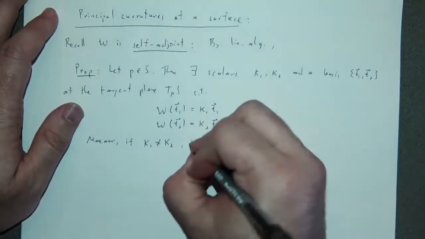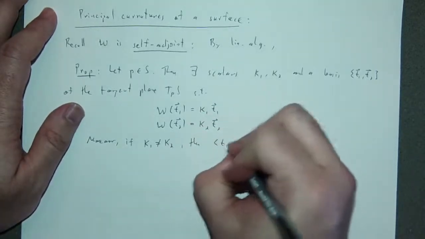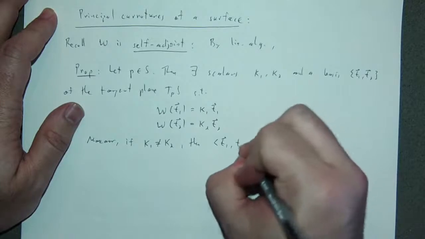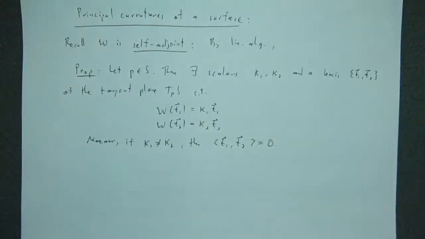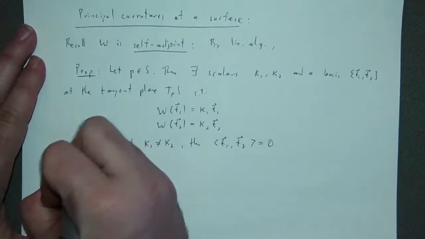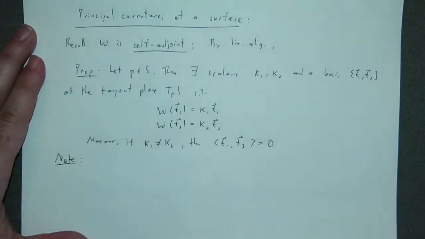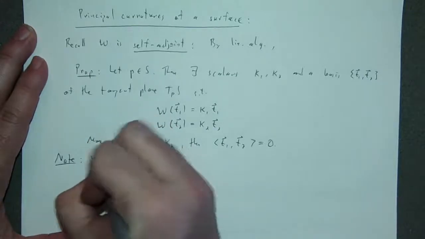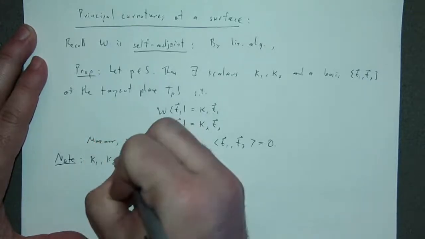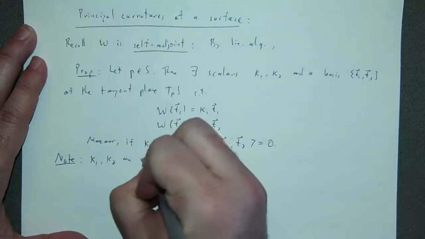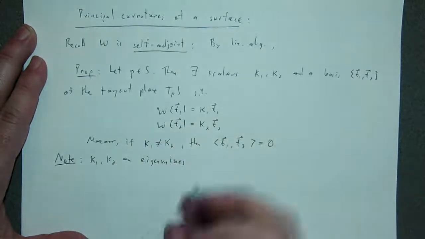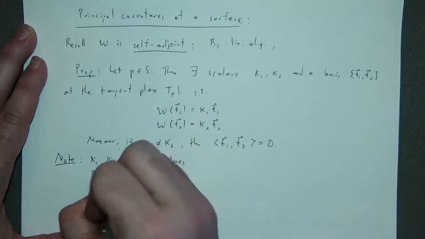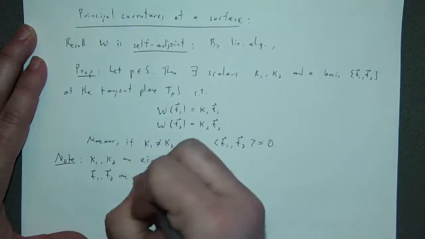So then T sub 1 dotted with T sub 2 is 0. Okay. So, as I said, note, really what this is saying is that kappa sub 1 and kappa sub 2 are eigenvalues, and T sub 1 and T sub 2 are eigenvectors.